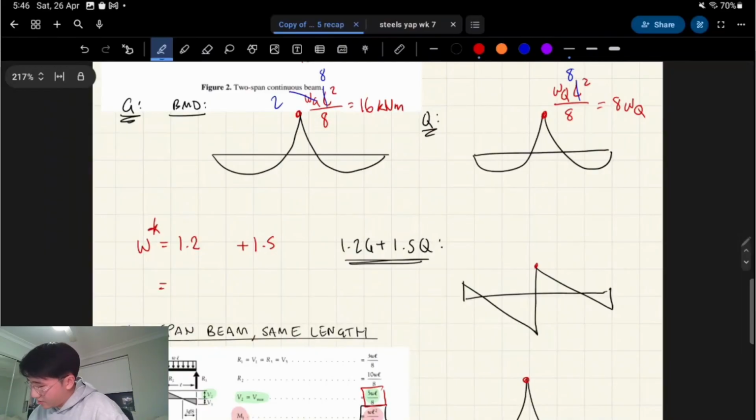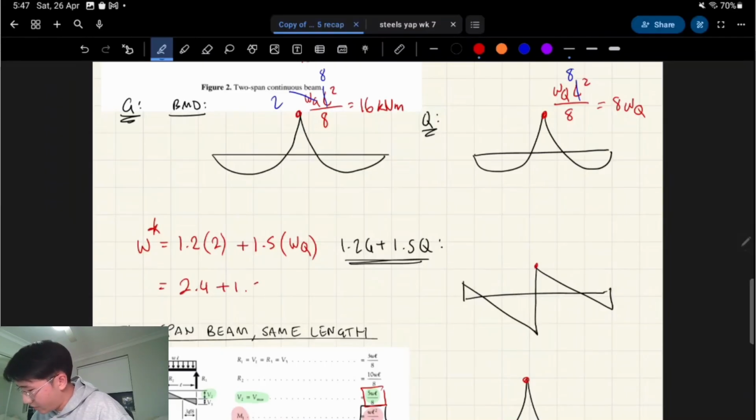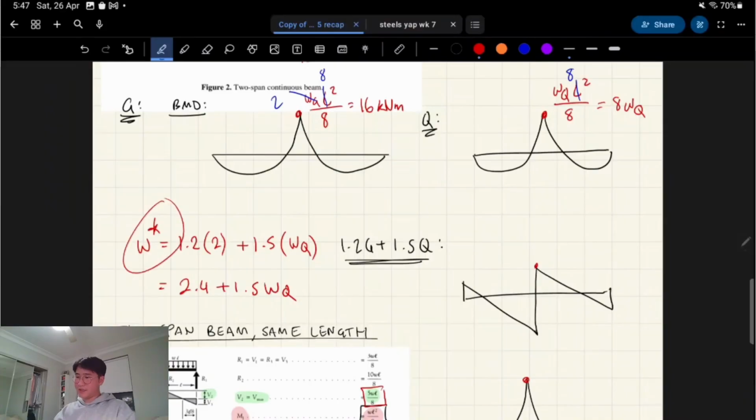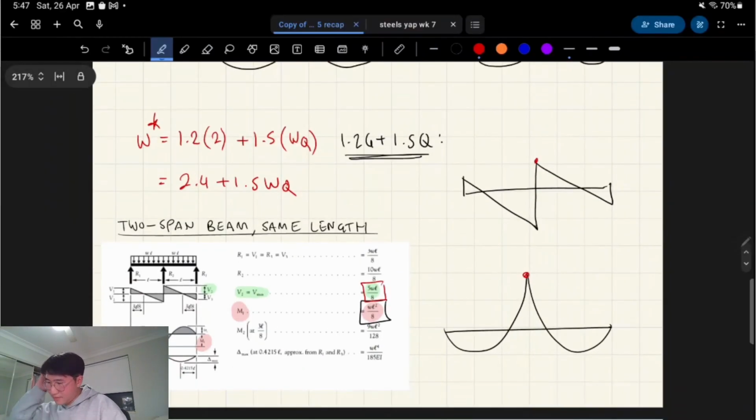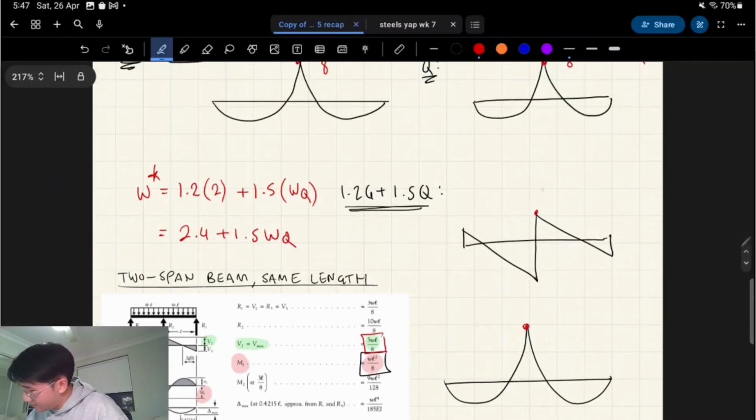Next, we plug it in. For WG, we get 2 plus WQ, so we're going to get 2.4 plus 1.5 WQ for our factored distributed load. We do the same thing: 5 times 2.4 plus 1.5 WQ times L on 8.